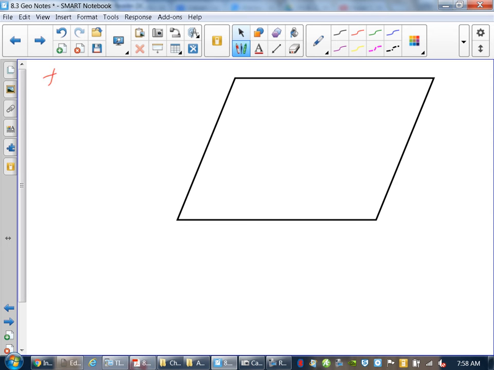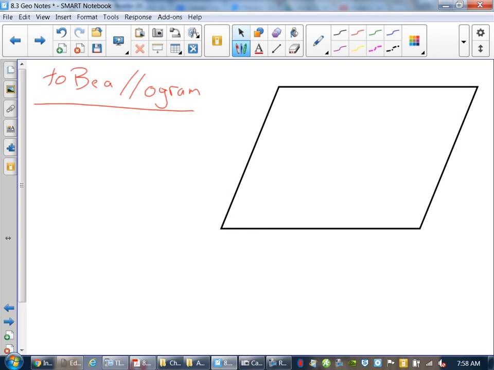For it to be a parallelogram, we have to have the following. Opposite sides are parallel. What do you got, Hannah? Opposite angles are congruent. So we have opposite sides parallel, opposite angles.